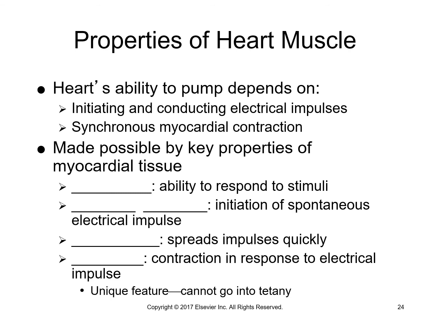Properties of the heart muscle. So the heart's ability to pump depends on initiating and conducting electrical impulses, and the synchrony of myocardial contraction. This is made possible by key properties that the myocardial tissue has. One of them is called excitability. That's the ability to respond to stimuli.